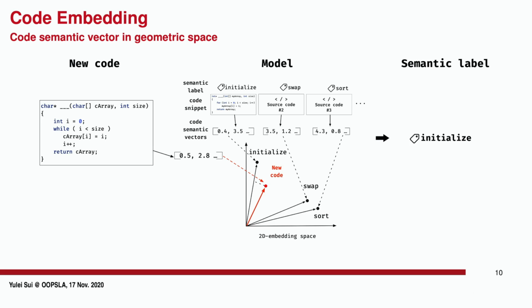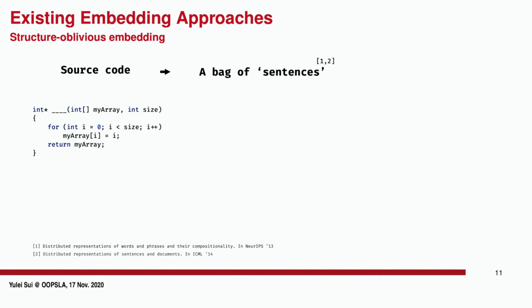The key of code embedding is to build a compact vector representation that can precisely capture code semantic. The most intuitive way, actually inspired by word embedding in the NLP community, is to treat source code as a bag of textual sentences, so that a code vector can be built by concatenating the vectors of each token in a sentence.